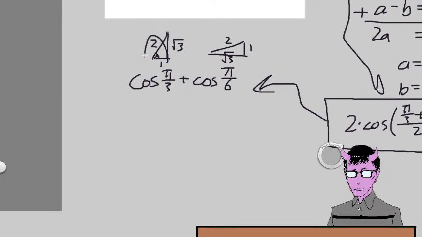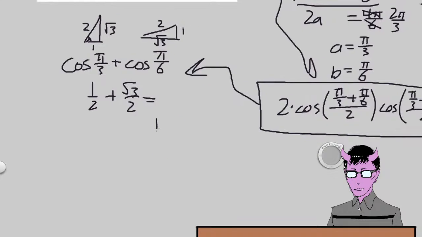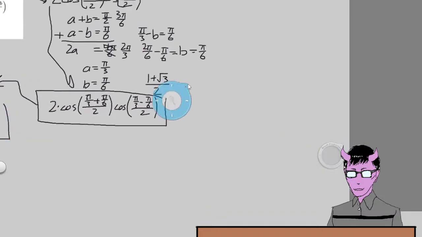So cosine of this is 1/2. And plus cosine of that one is root 3 over 2. And of course, it is consistent with what we got before. So 1 plus root 3 over 2, which is consistent with the prior answers right there.